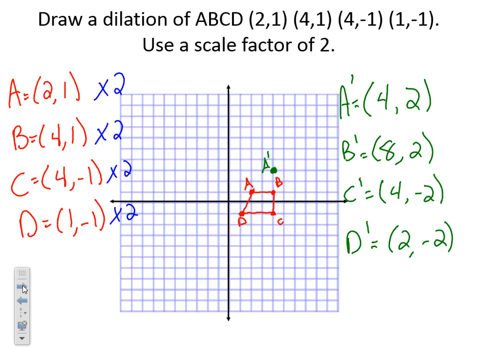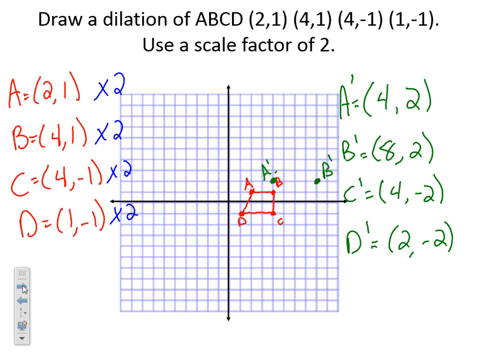2. Whoops, I moved A too high, you guys. Sorry. 2 should be right here. 8, 2. Up 2. Here's going to be B prime. C prime is going to be 4. Oh, excuse me.